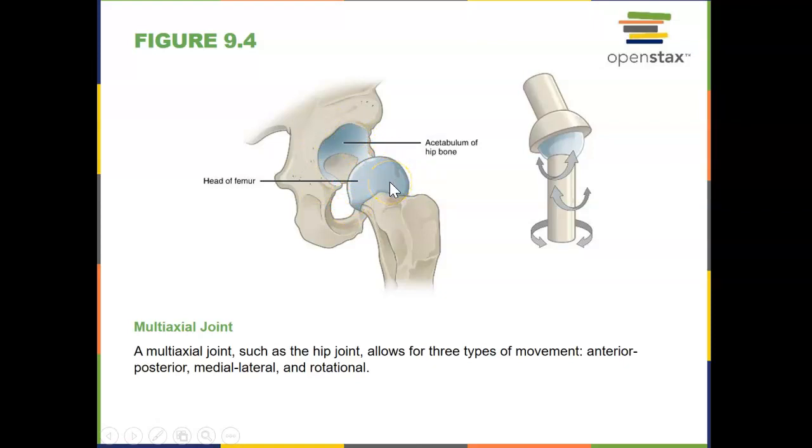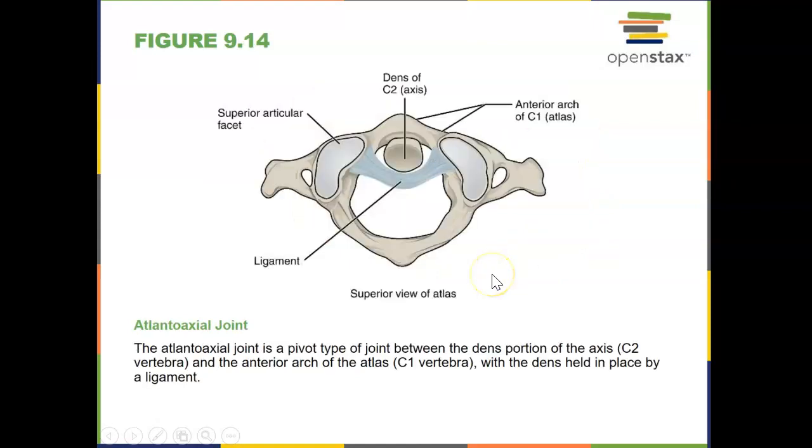Basically the head of the femur sits right inside of the acetabulum, and it allows anterior posterior movement, medial lateral movement, and rotational movement. So you can see that here. Here's rotation, medial lateral right here, and then anterior posterior.